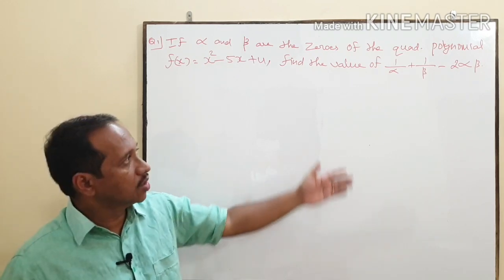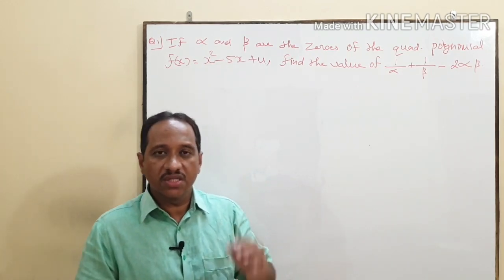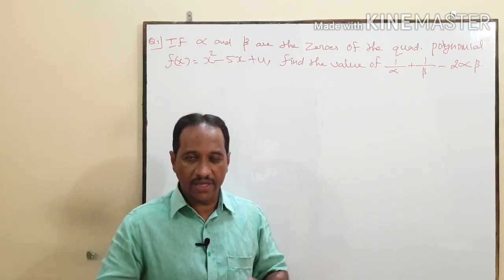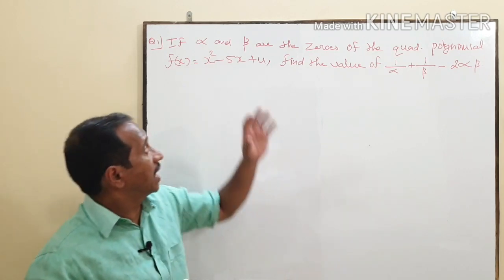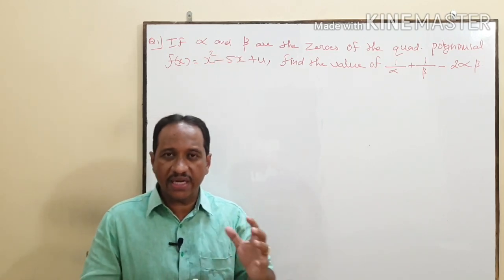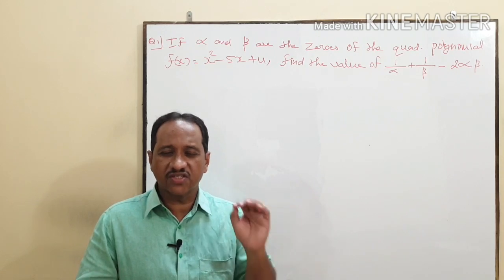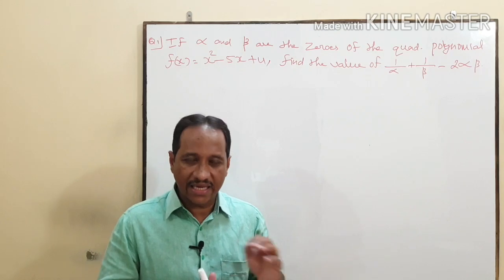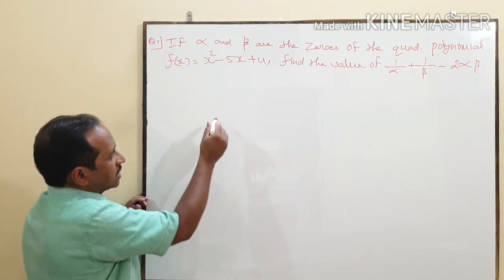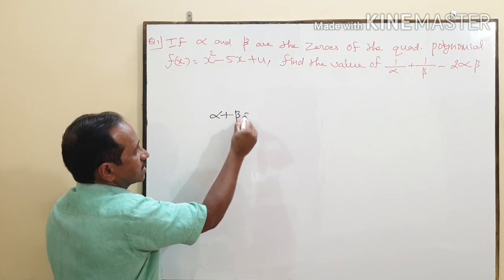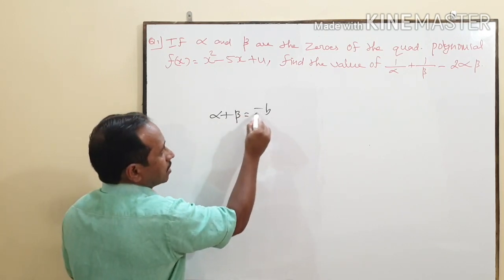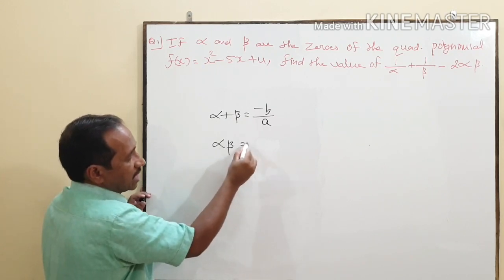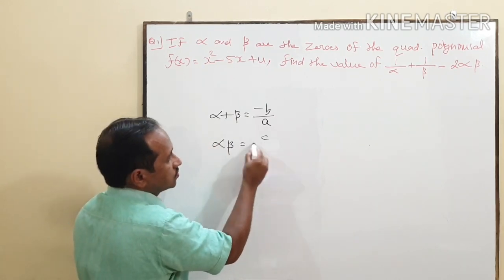Here, to find the value of this expression, we will use the relation between the zeros and the coefficients of a quadratic polynomial. We know that if alpha and beta are the zeros of any quadratic polynomial in the standard form ax² + bx + c, then the sum of the zeros, alpha + beta, is given by -b/a, and the product of zeros, alpha beta, is equal to c/a.